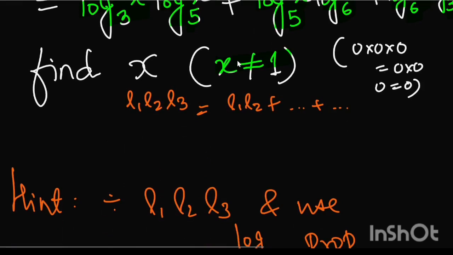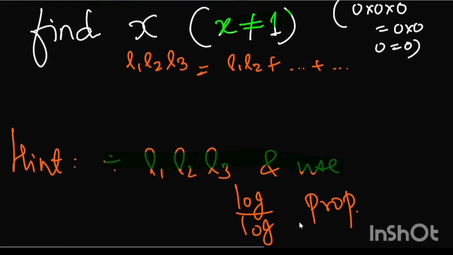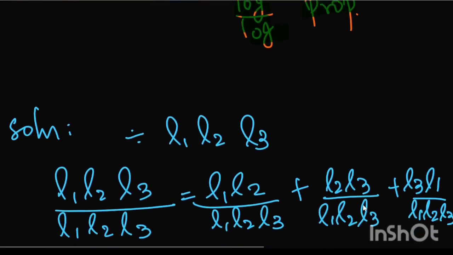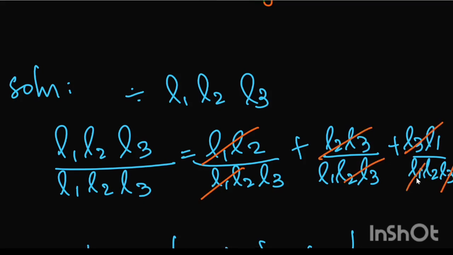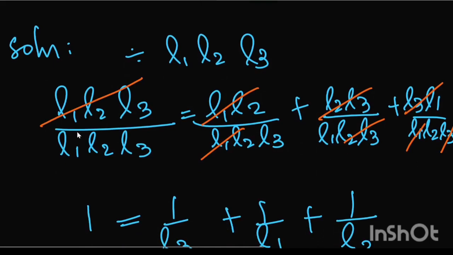That's a hint. You will divide both sides by L1 L2 L3 and use the property 1 by log m base n, or log by log. So dividing by L1 L2 L3, we can see here L1 L2 cancels, L2 L3 cancels, L3 L1 cancels here. So all three get cancelled, which gives us 1.